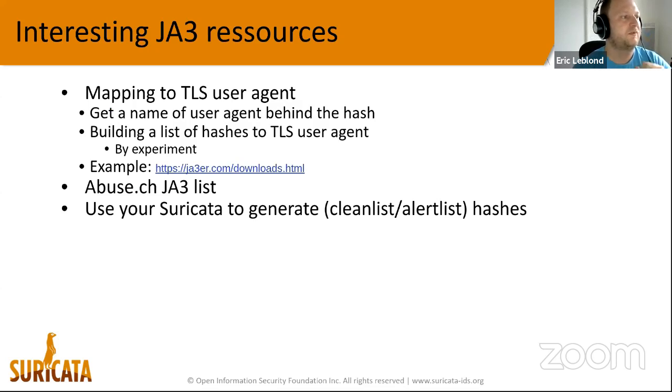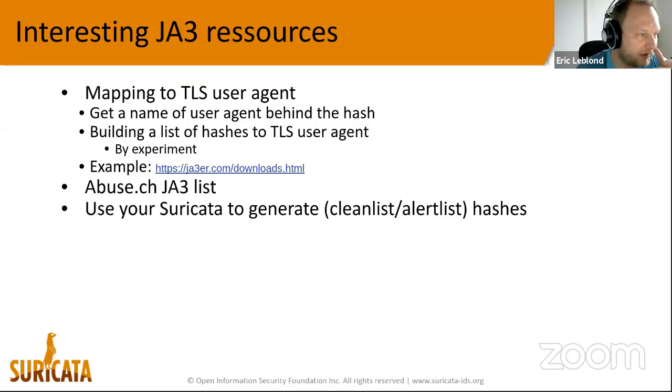What you can do with this hash, as we have seen previously, is identify bad client implementations, and you also can do a mapping from this JA3 hash to a user agent name, because this way you can identify Firefox 64 or Chrome 32 or 33. That's quite interesting to identify your resources in the network, because you get to a real software name.